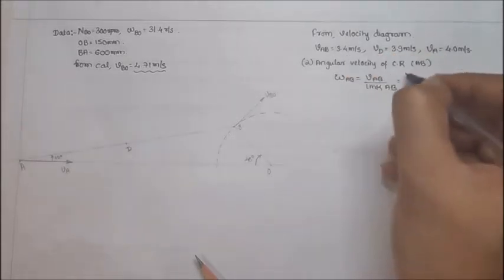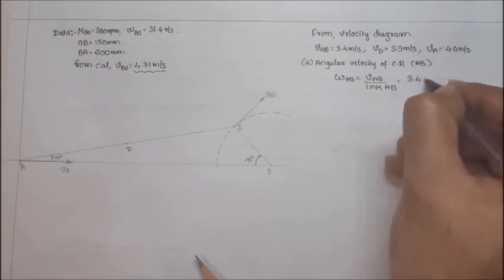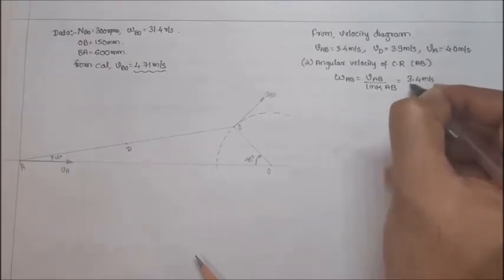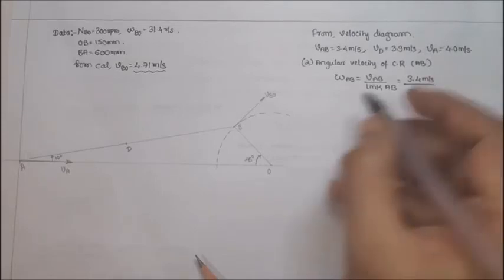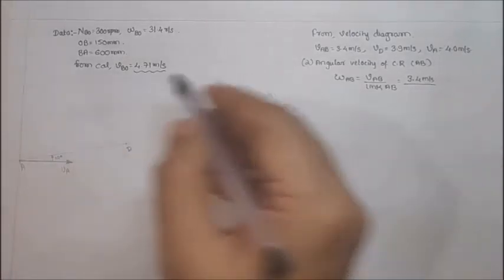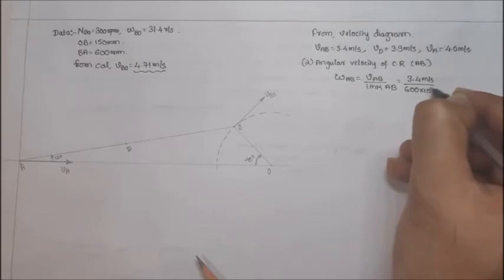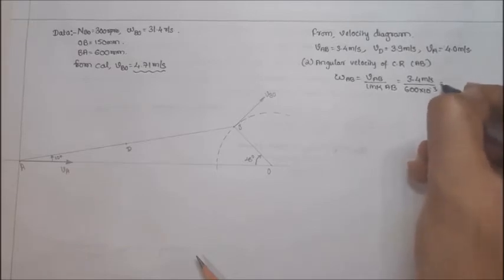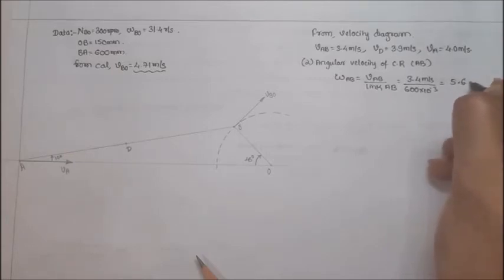So linear velocity of AB is 3.4 meter per second, by link AB. We have link AB from A to B, BA equal to 600 mm into 10 to the power minus 3. So the answer for this one will be 5.6 radians per second.